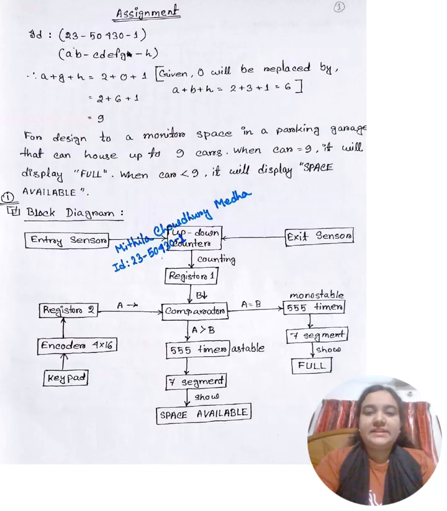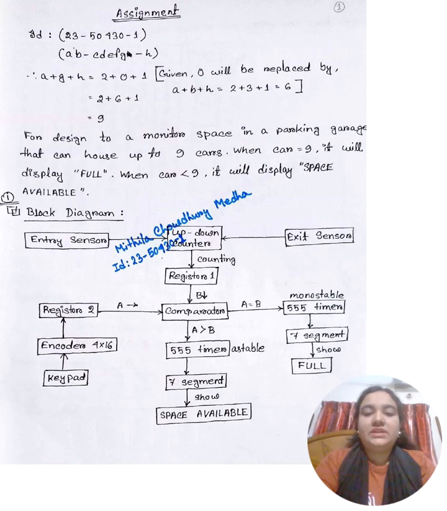So let's start answering. This is the block diagram of my system. It includes entry and exit sensors to detect car movement, a 4-bit up-down counter built from flip-flops to track the total number of cars, and a comparator to check whether the counter has reached 9.